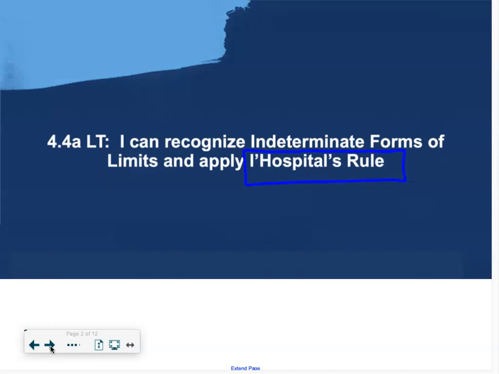It doesn't have a good home. In order to do L'Hopital, you have to know limits and you have to know derivatives. So because you have to know limits and derivatives, it has to come up somewhere after chapter 3, right? But there's nowhere it really fits. It's its own thing. So this book decided to put it in chapter 4.